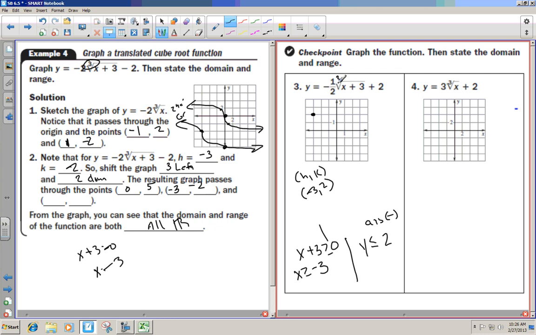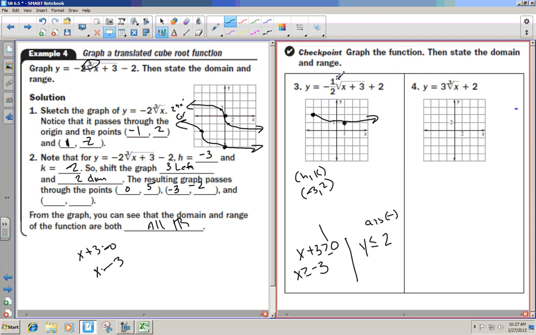Negative half of 2 is negative 1, so I guess it's 1, 1. And work on a couple more. Now, since it's a square root, this right here is our starting point. And then all you really need is to just draw your graph, something like that. All right? There you go.